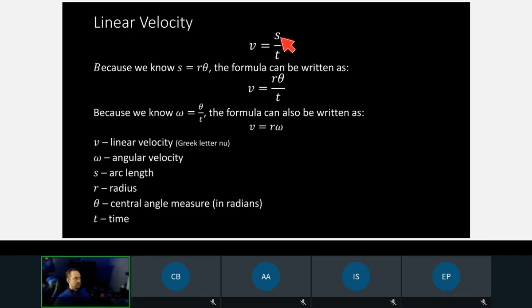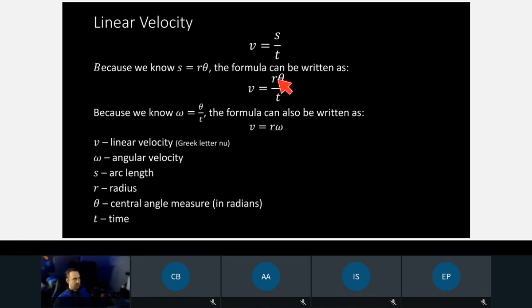Because this is going to be the length of your sector, so that's your displacement, and then time, whatever it may be. We also know from earlier this unit that S is equal to radius times the angle. So I can just replace S with this to create a new formula. So now if you don't know your sector length, but you know your radius and your angle, just use this formula.